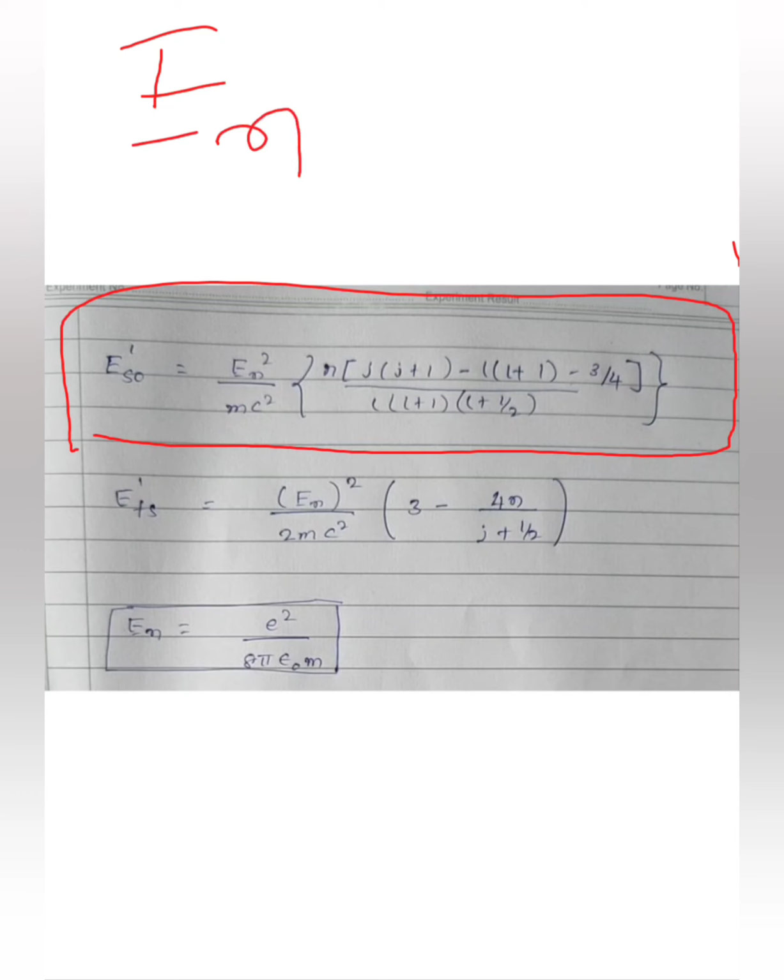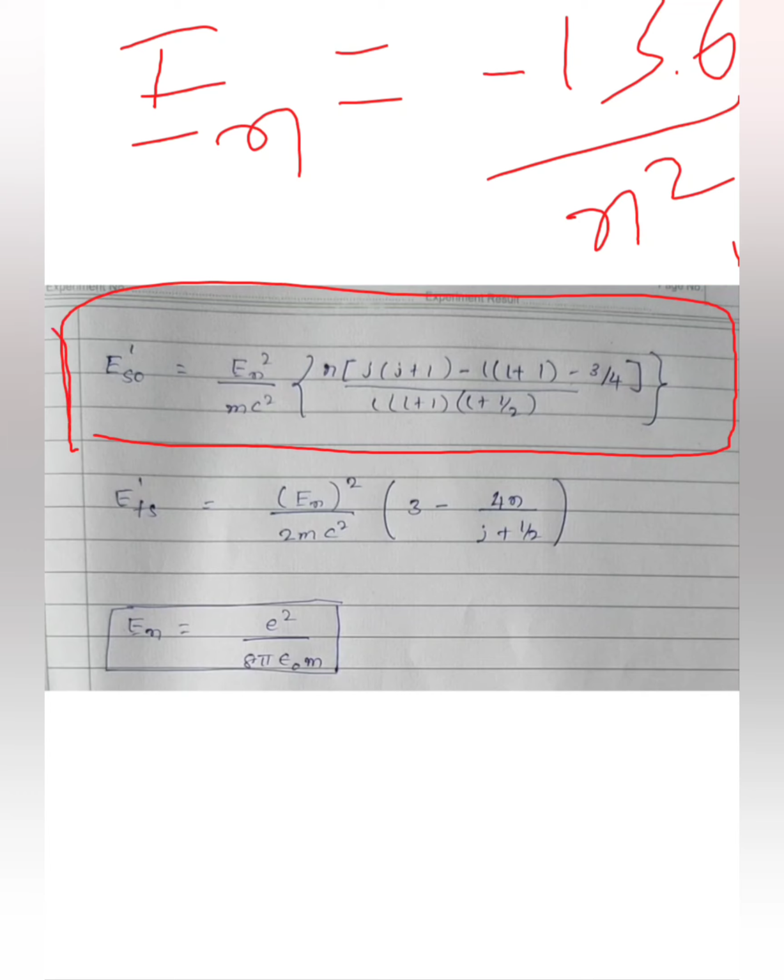E n, which is nothing but minus 13.6 eV divided by n square. This is the energy E n. 13.6 is the ground state energy of the hydrogen atom. So this is the final equation. This E S-O dash is negative.